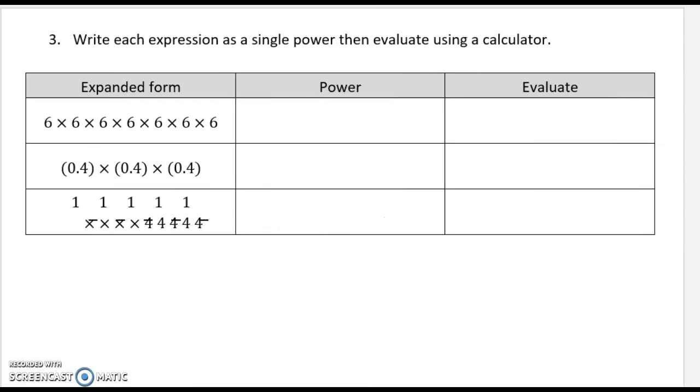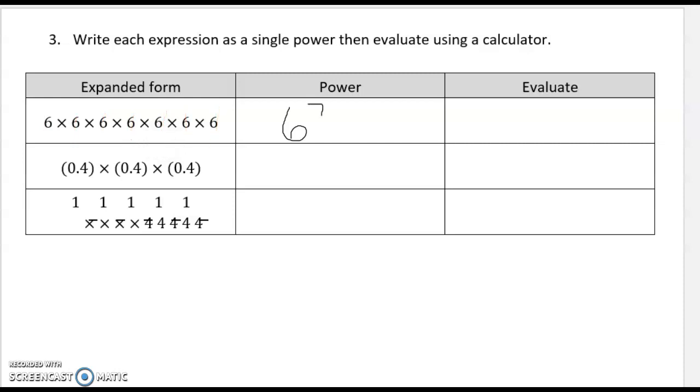Okay, next, number 3, write each expression as a single power, then evaluate using a calculator. So this one, we look here, we have 6 and 6 and 6 and 6. So our base is 6, and then our power would be 1, 2, 3, 4, 5, 6, 7.